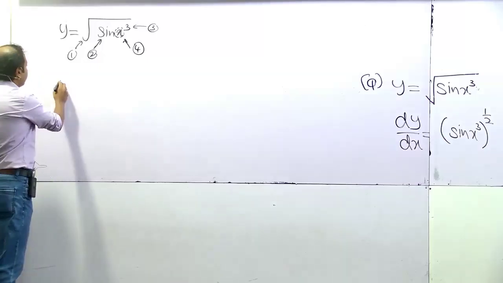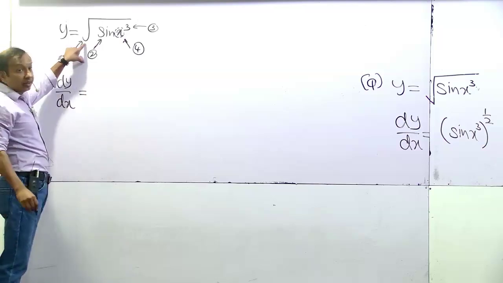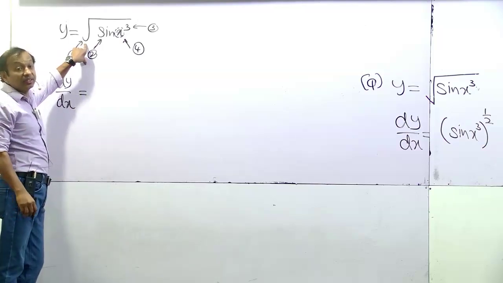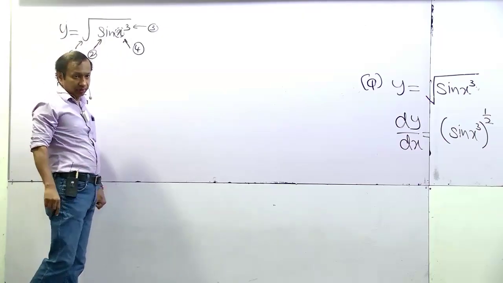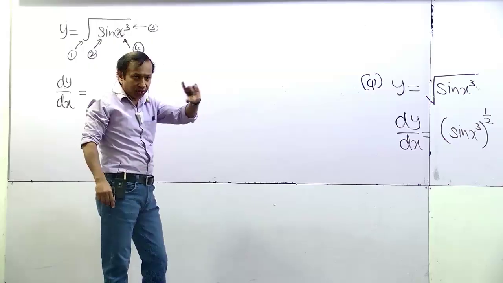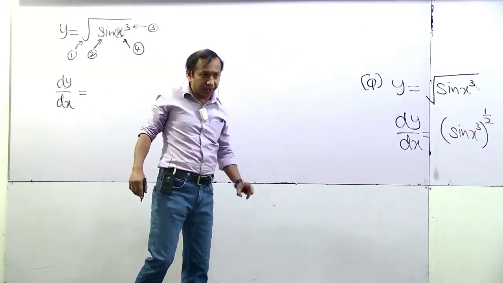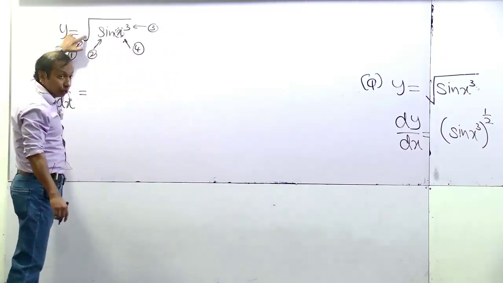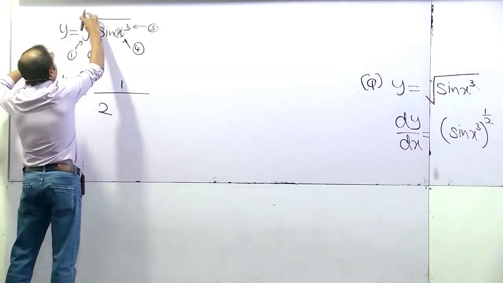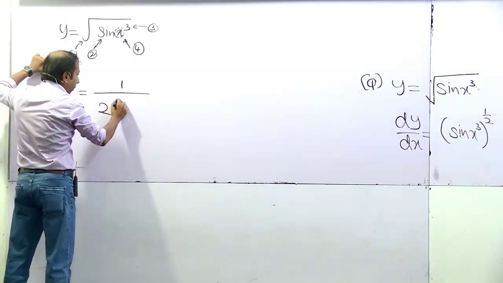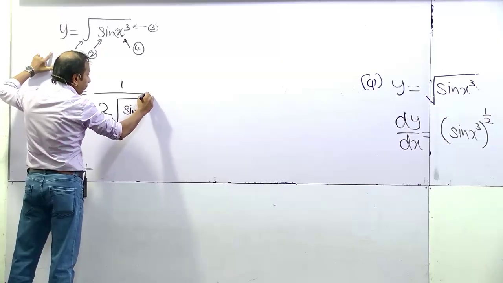dy over dx. Root sine, what? 1 over 2 times the same thing. Over there we noticed root x; when you differentiate, what do we get? 1 over 2 times the same root x. Like that, when you differentiate this root sign, first we write 1 over 2 times the same thing, sine x cube.